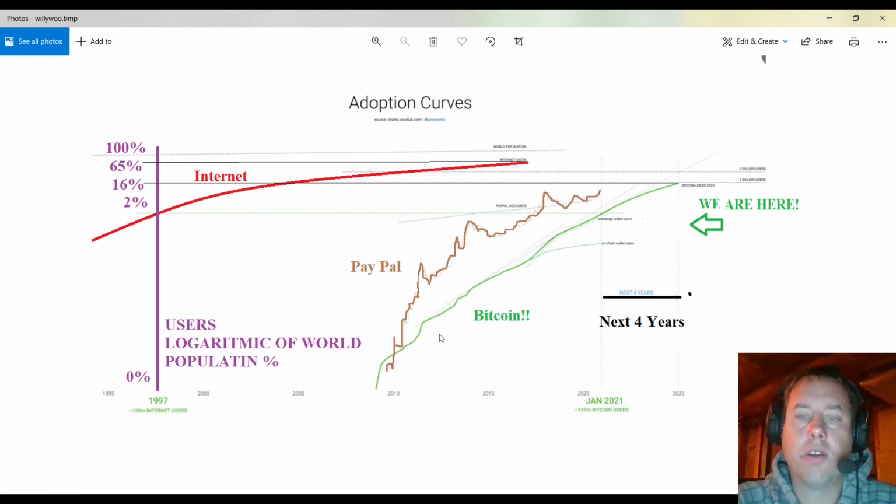And another good reason for me to think that Bitcoin is just going to go up in value is the fact that older people are not into crypto, while the younger generations are buying crypto.